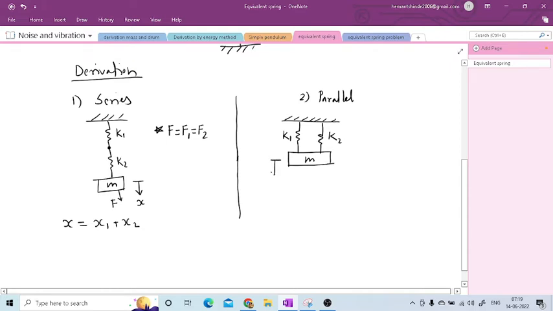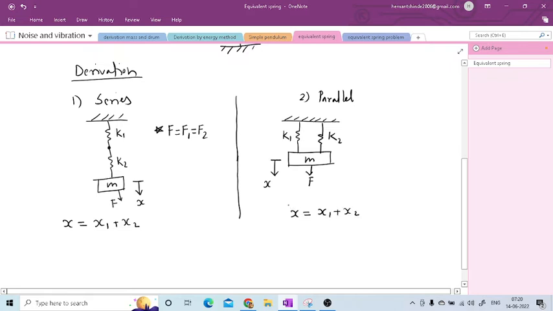Okay. Now suppose the displacement of this mass is x, and I applied the force F for this displacement. Then in parallel combination, as we have seen, the total deflection x will be equal to the deflection of spring 1 plus the deflection of spring 2.